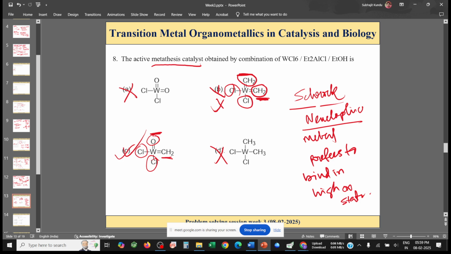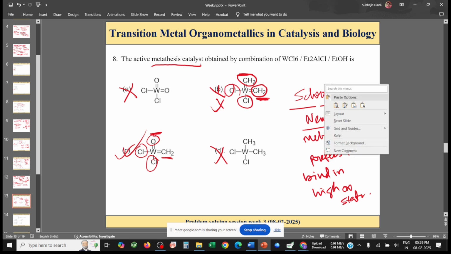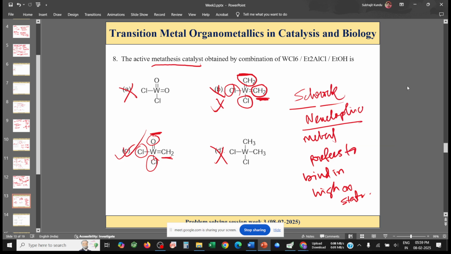Which metal is in high oxidation state? Tungsten in option C, in higher oxidation state. So that will be the right answer. This way you can approach some of the questions from basic knowledge to get your answer correct. So option C here will be the right answer for this question.